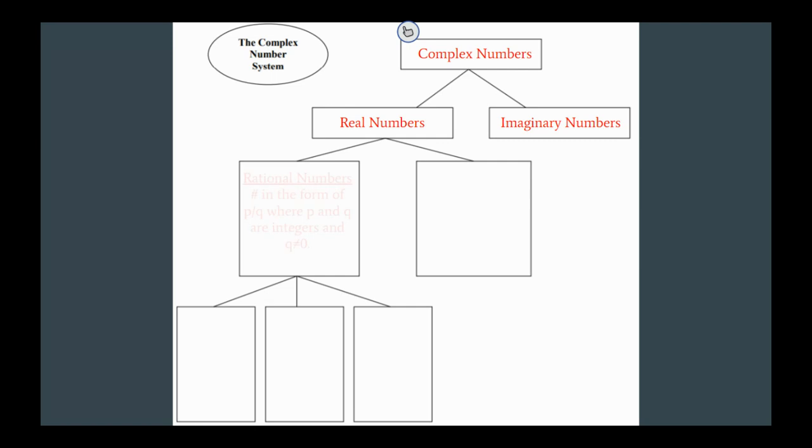Okay, the real number system is broken down into rational numbers, which is any number in the form of p over q, where p and q are integers and q does not equal 0, which you can't divide by 0.